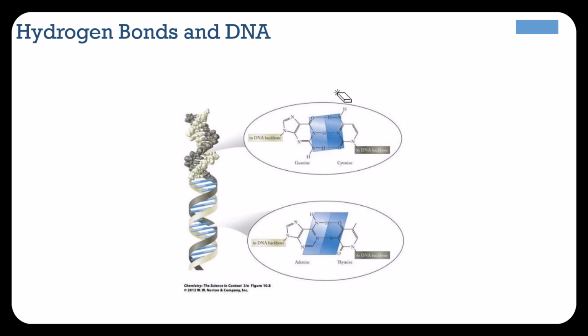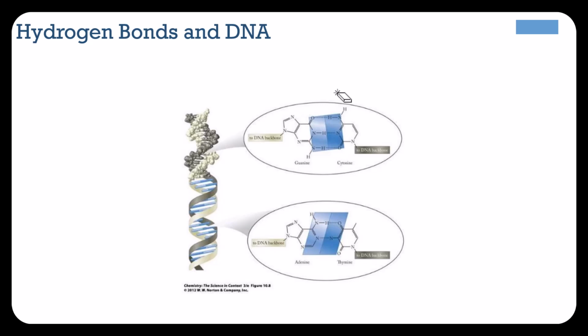So one of the important properties of DNA is the fact that we can unzip those two phosphate backbones, pull them apart. They can do their replicating or whatever they need to do on the side, and then we can zip them back up and protect them for future use. Ever wondered how and why we can unzip and rezip these two backbones? Well, it has to do with hydrogen bonding.